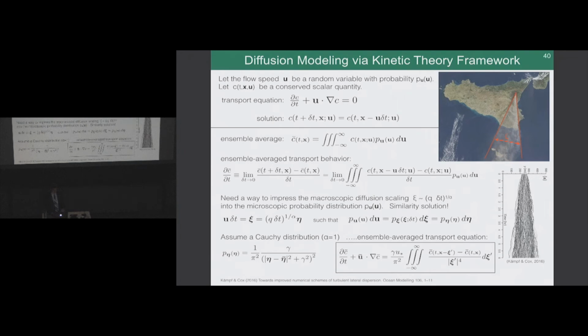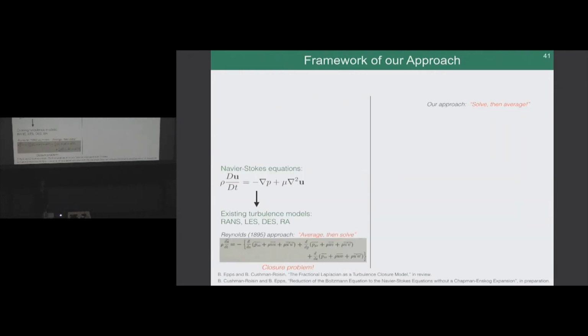All right. So using this as a framework, we can now attack the problem of modeling fluid flows. Again, we're going to start with the Navier-Stokes equations, the governing equation of fluid flows. If you do some kind of turbulence modeling, you're pretty much following what everybody's done for the last 120 years.